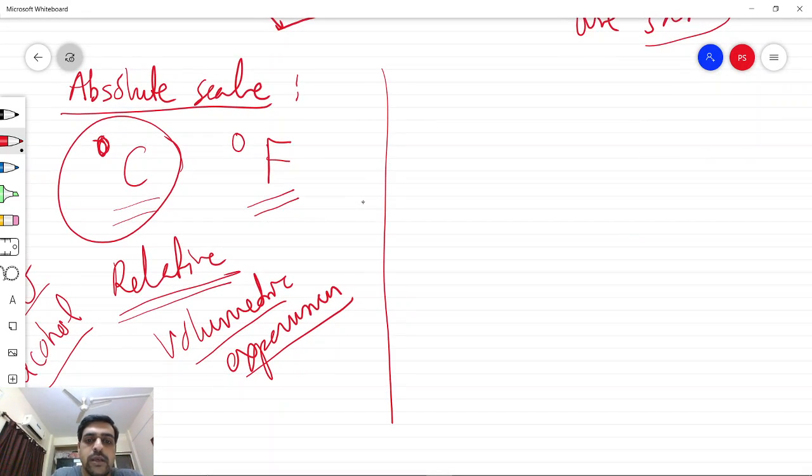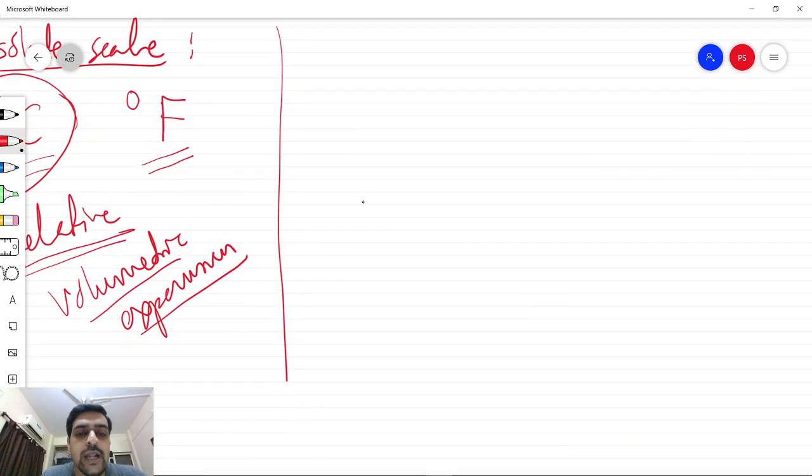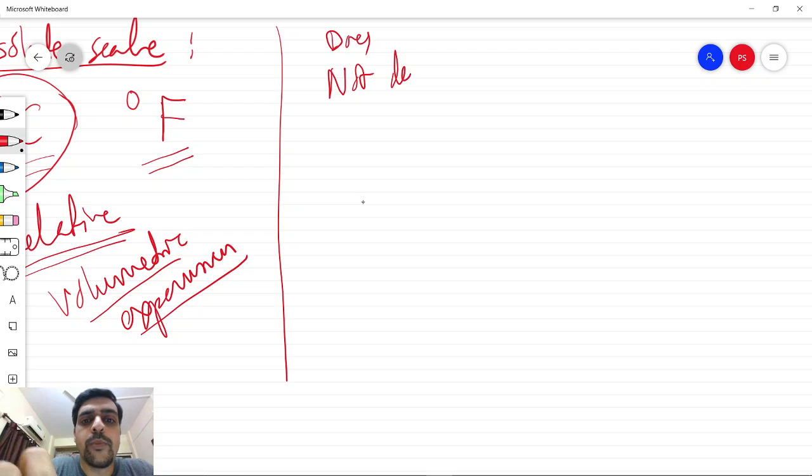But in this case, we see that the Carnot engine's efficiency does not depend upon the nature of the working substance.